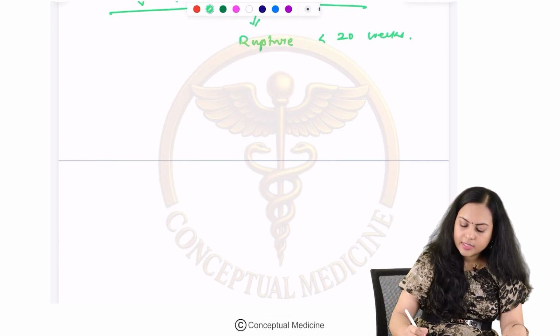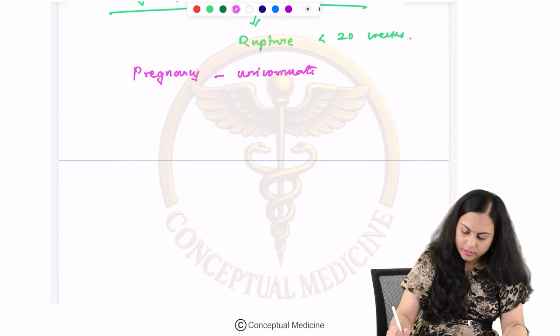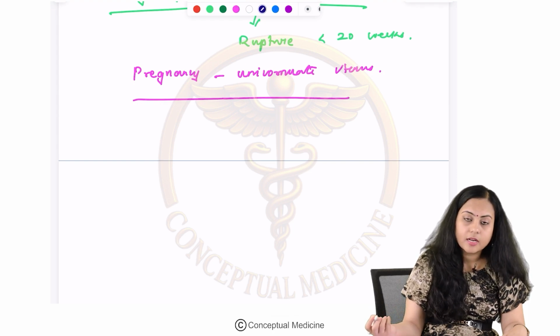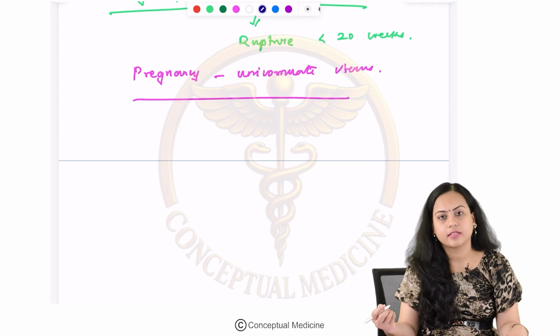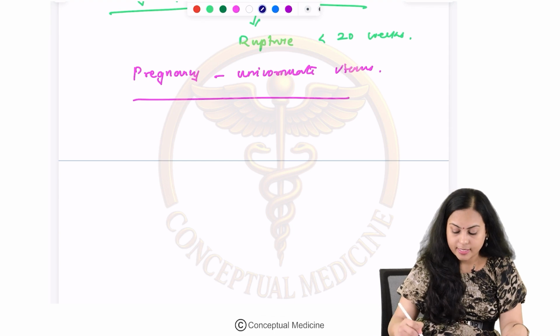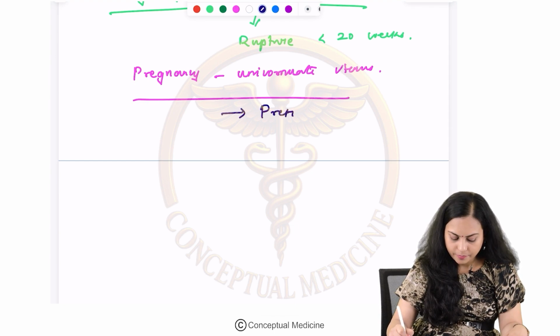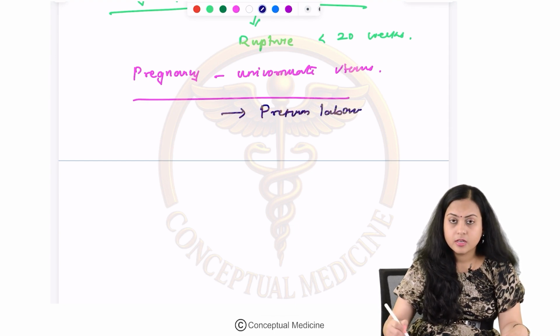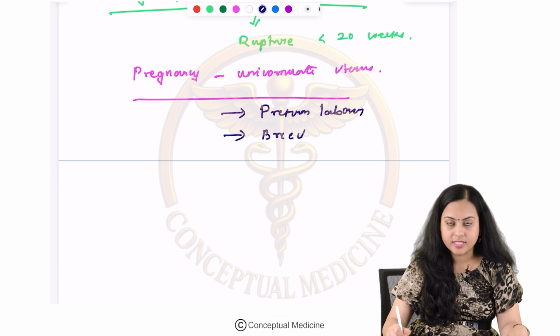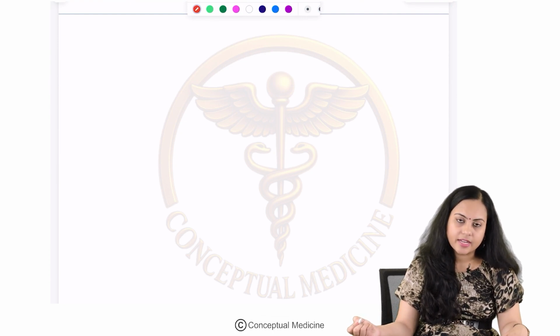And if the pregnancy occurs in unicornuate uterus, that is the normal horn, then monitoring and management can be done just like a normal pregnancy, except that you have to keep in mind about the expected complication, especially the preterm labor, or the malpresentation, that is breech presentation. Clear? Right. Now, we'll see the next type, that is bicornuate uterus.